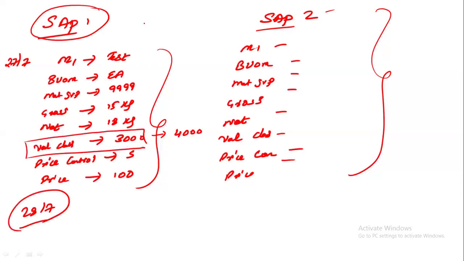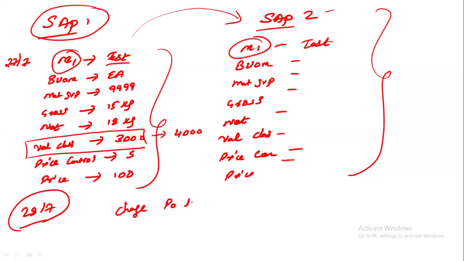Again, if this material gets transferred to the other system, the material name is the same and the material number is the same. So what will the system do? It will find a duplicate. The data is duplicate, so it will not load anything. Instead of triggering a standalone, I will trigger a change pointer, and tell that this material should again go to the system.